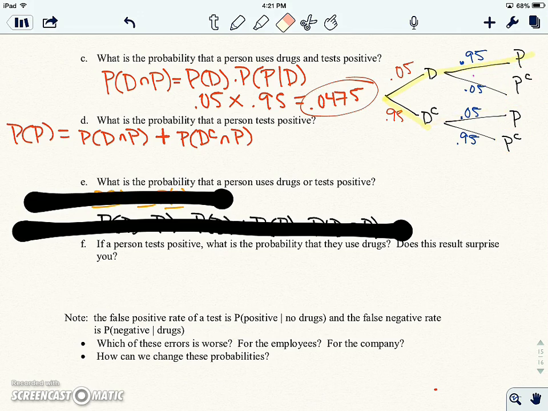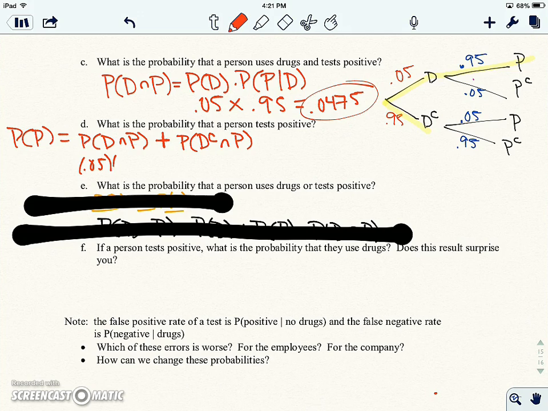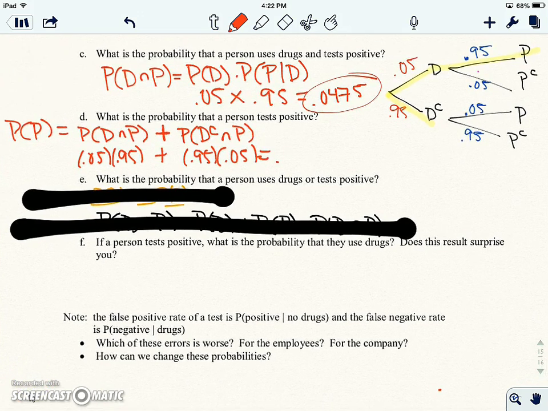Drugs and positive, that's the 0.05 times the 0.95. Or not drugs, that's 0.95 times the chance of testing positive if you don't do drugs, which is 0.05, which is about 0.095, or 9.5%.